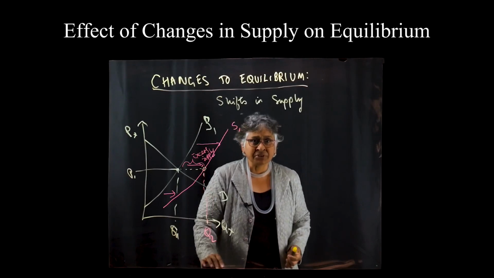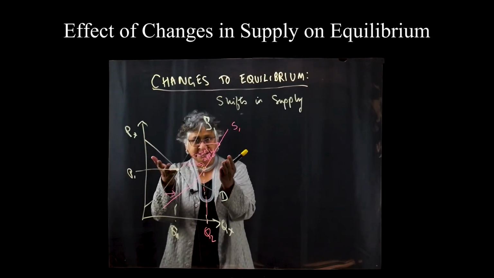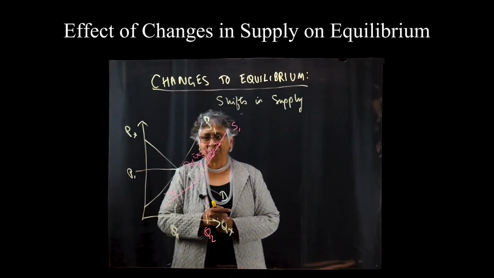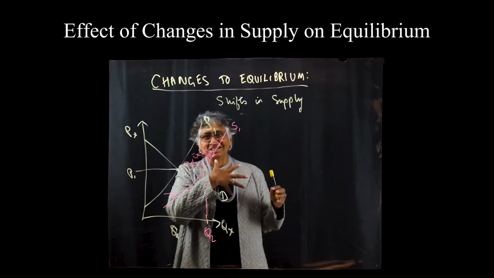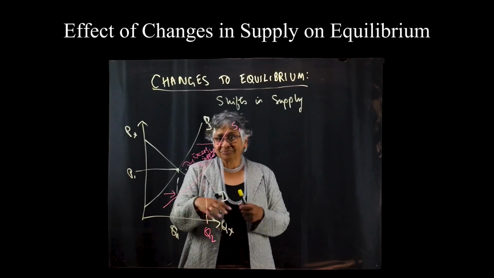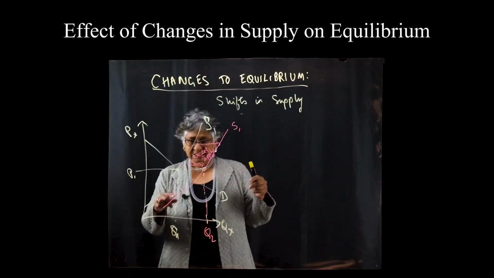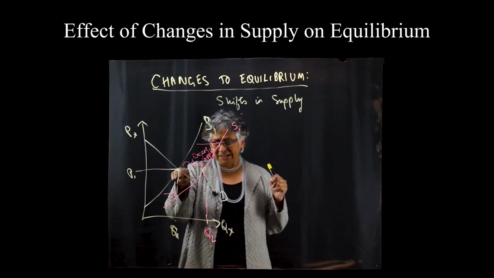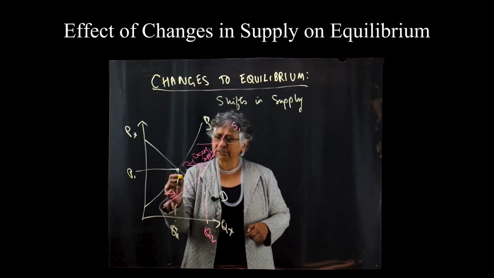And now we know what happens. Since there was an excess supply at the original equilibrium price, price competition among producers means they'll keep dropping the price. As they do that, quantity demanded will increase along that demand curve, like this.